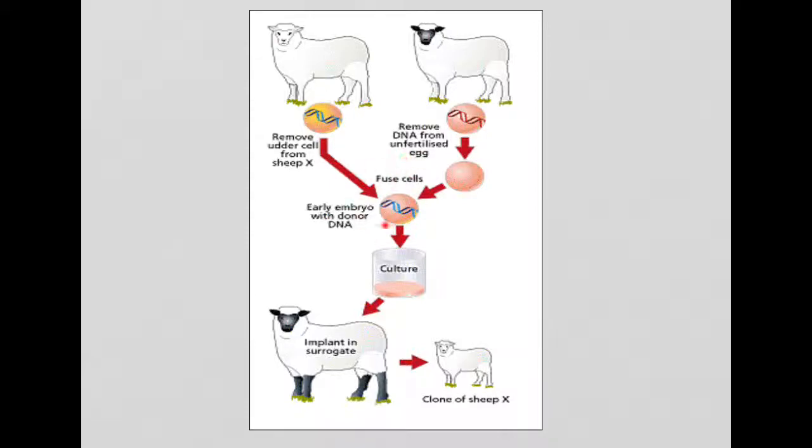Those are fused together. We culture them out. We implant that DNA into this black-faced surrogate mother, and then from there we get a clone, which was a white-faced sheep. That is Dolly. And the reason that she has a white face is because the DNA inside of her came from the udder cells of a white-faced sheep.